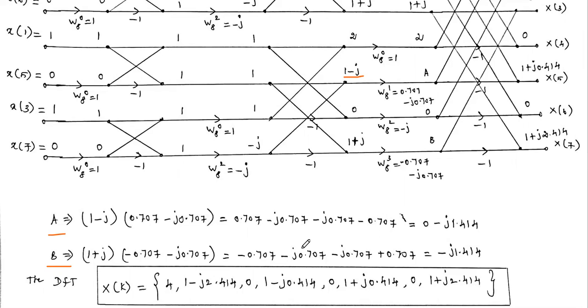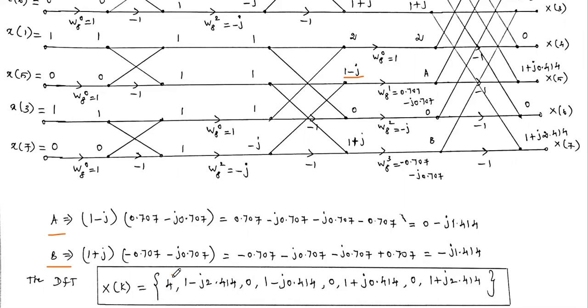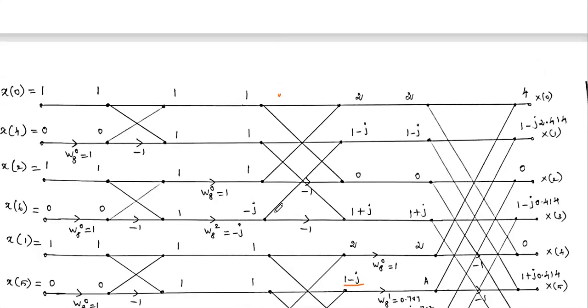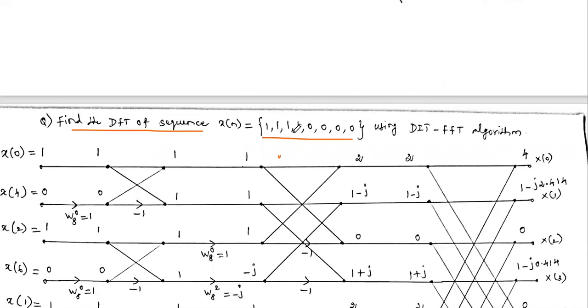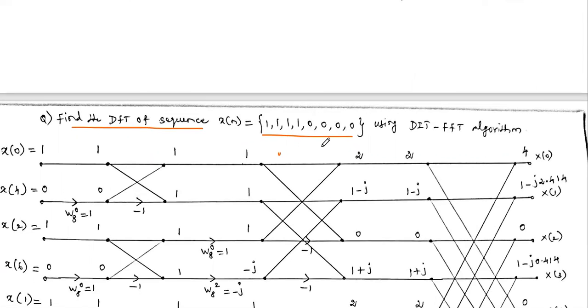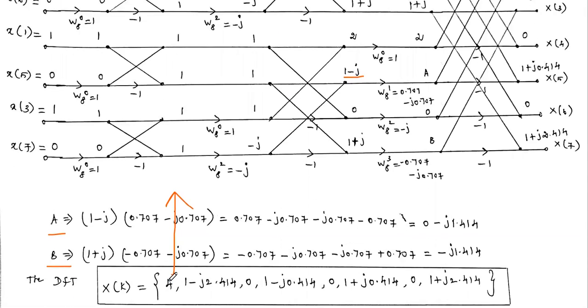Already I discussed how to check whether this answer is correct or not. The first answer in X of k is nothing but the addition of all our time domain sequence. What is our sequence? 4 1 4 0. If you add all these values, we get 4. So that 4 is the first answer.